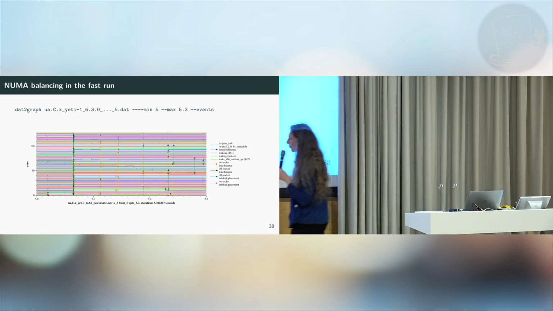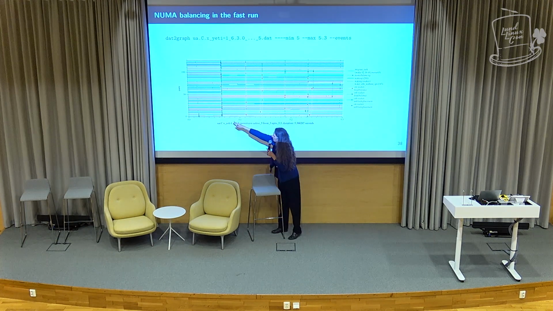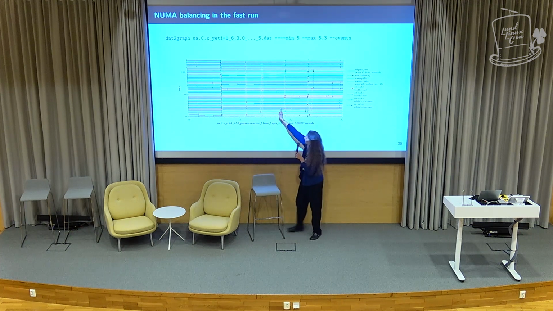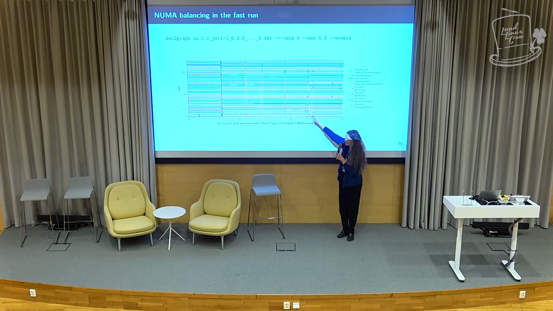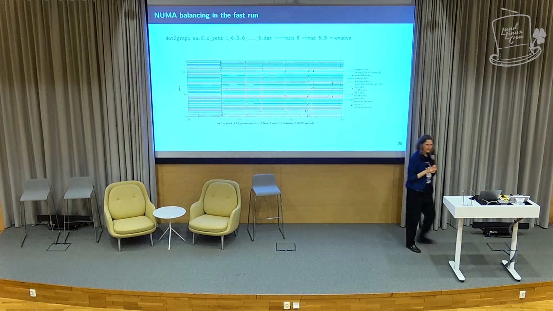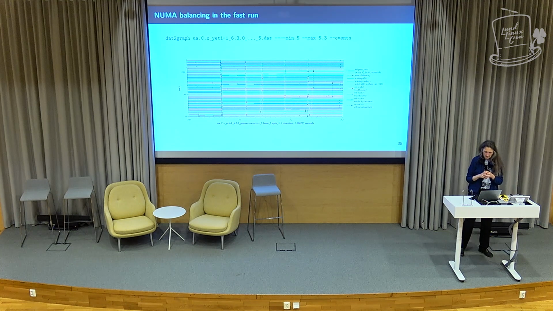Here we have one NUMA balancing event on the far left, another one here, and then some other kinds of task migrations that are basically cleaning up after the NUMA balancing. There's a whole bunch of things that get moved around at the point when it decides to do NUMA balancing.